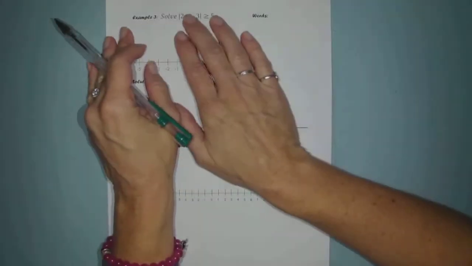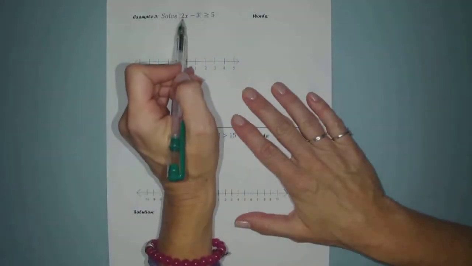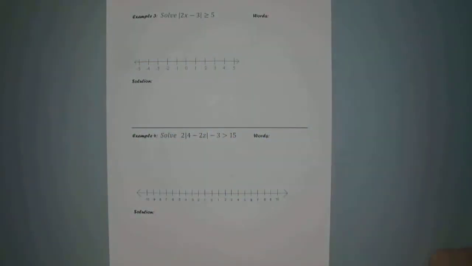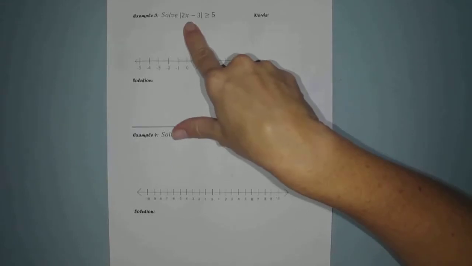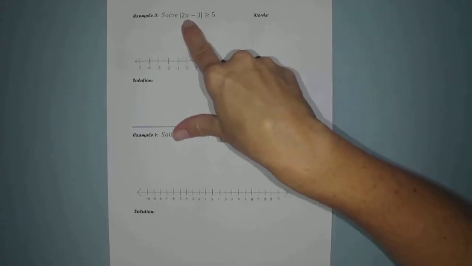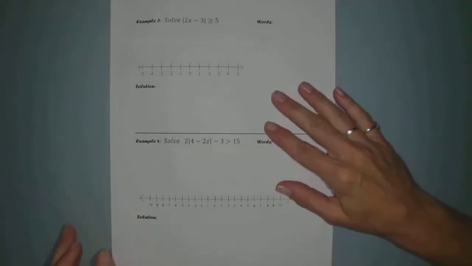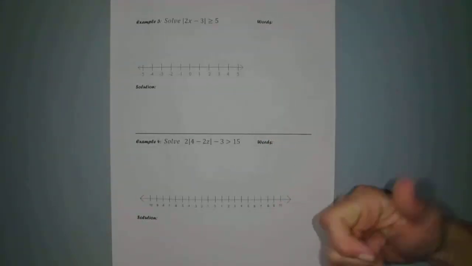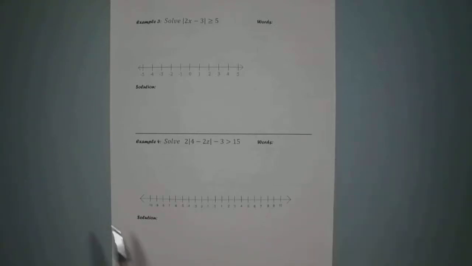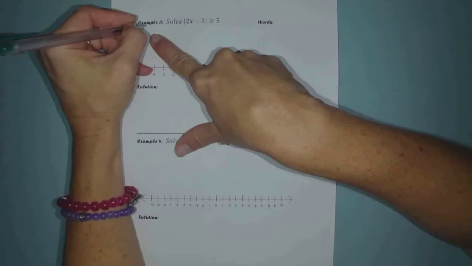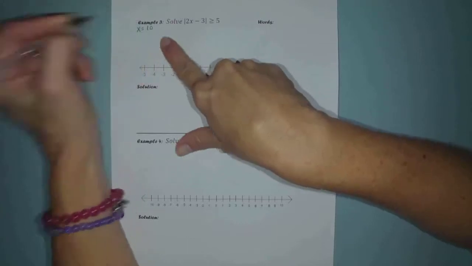So example 3 says, solve the absolute value of 2x minus 3 is greater than or equal to 5. Now, when you get here, it's a little bit harder to see what values of x are going to make this true. See, it was easy on this side because just a single x was inside the bars, but now we got x tangled up with a 2 and a -3, and it makes it more difficult to figure out. I mean, I could sit here and play with it. Like, if I let x be, I don't know, 10.